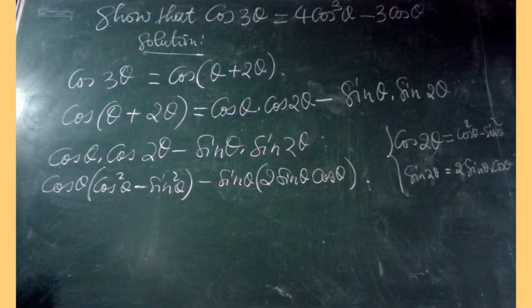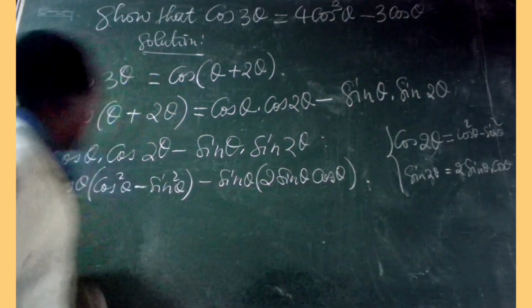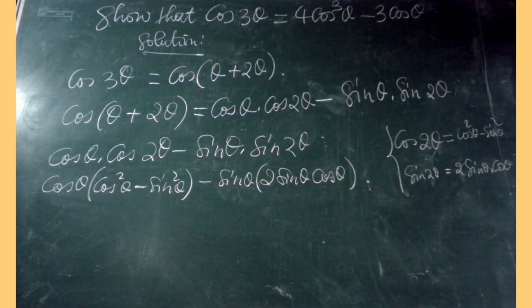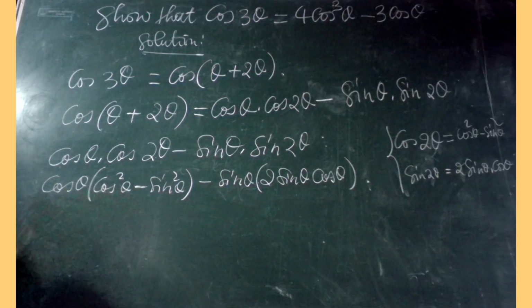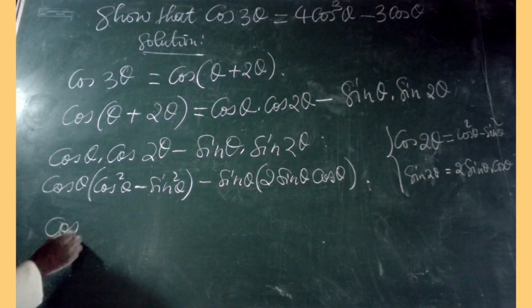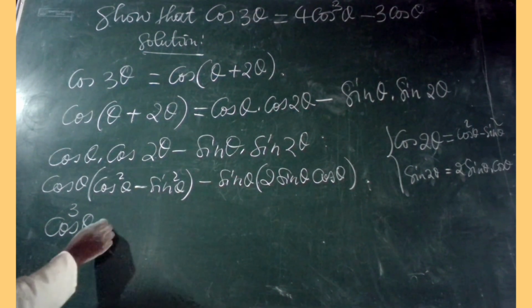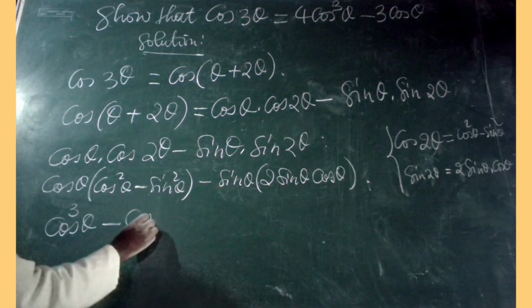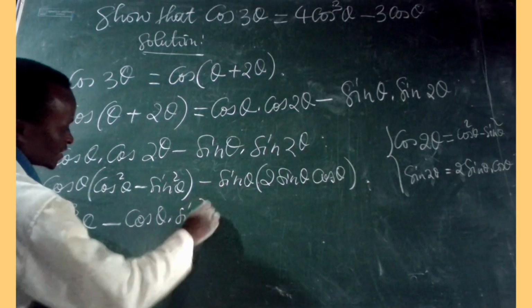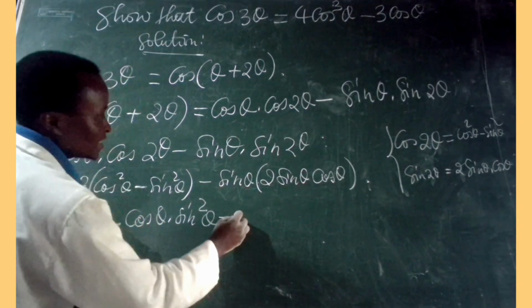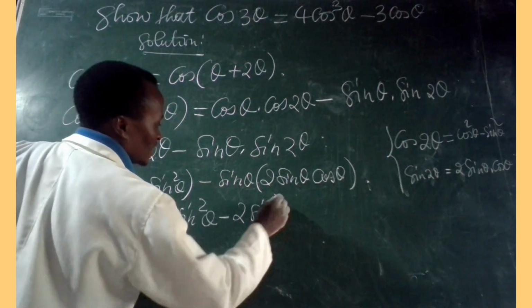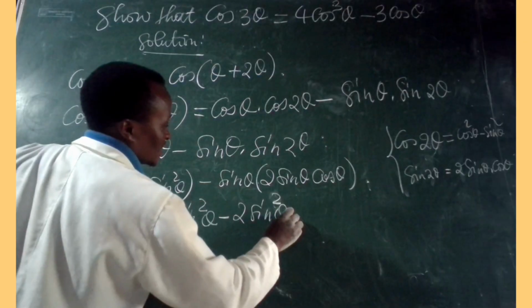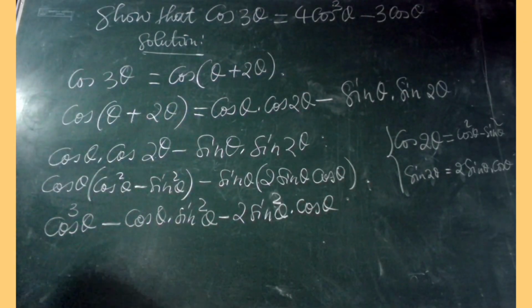Now we are going to multiply through. It will be equal to cosine power 3 theta minus cosine theta times sine square theta, minus 2 sine square theta times cosine theta.